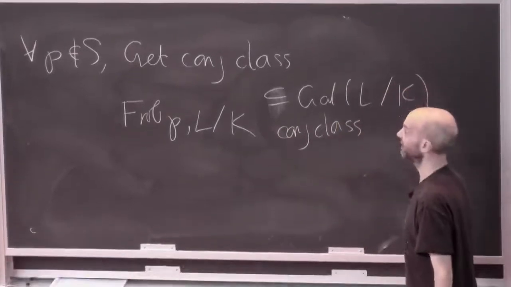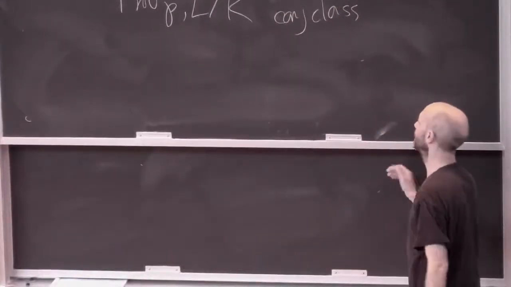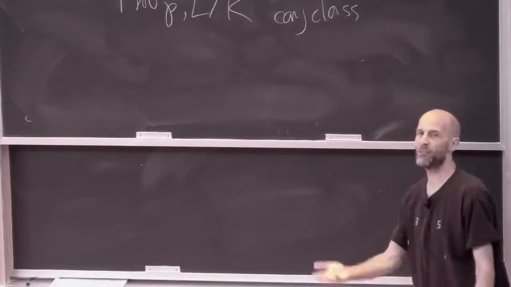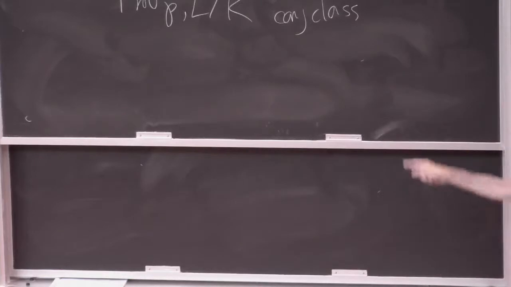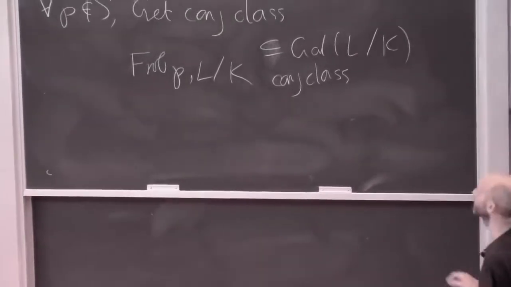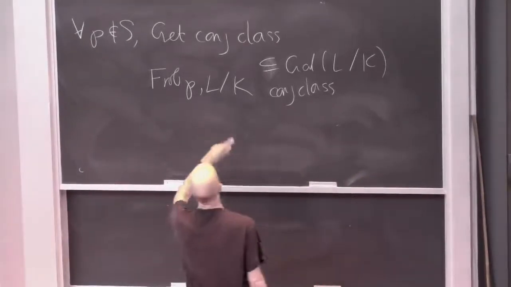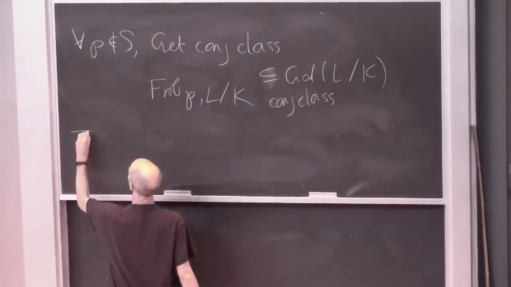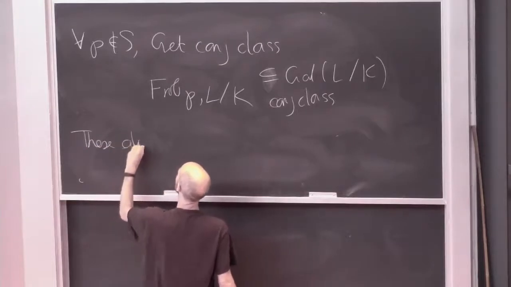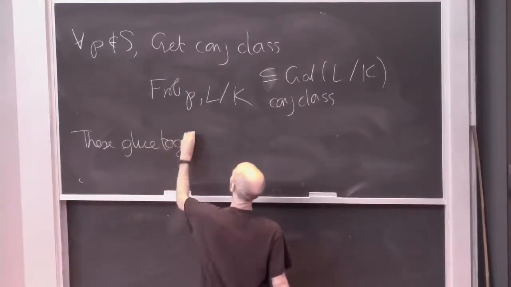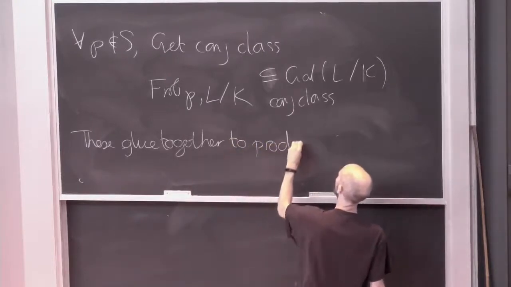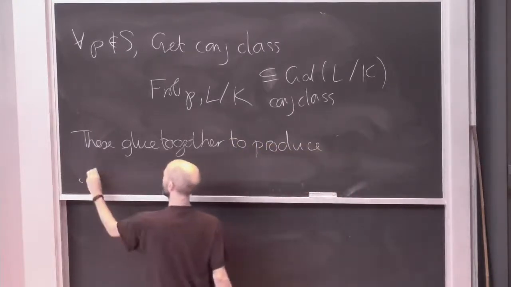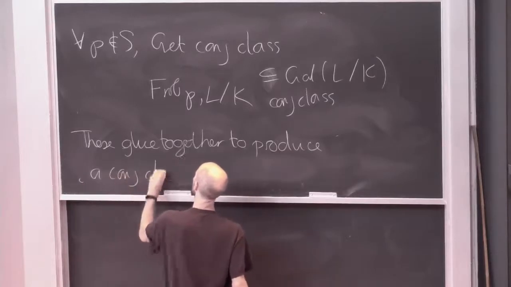And these conjugacy classes glue together. It's one of these things. Do you remember I talked? If you believe that the inertia subgroup with its upper numbering filtration glues together well, then surely you'll believe that Frobenius elements glue together well, because that's a rather easier thing. We get some conjugacy class here, and these glue together to produce a conjugacy class.